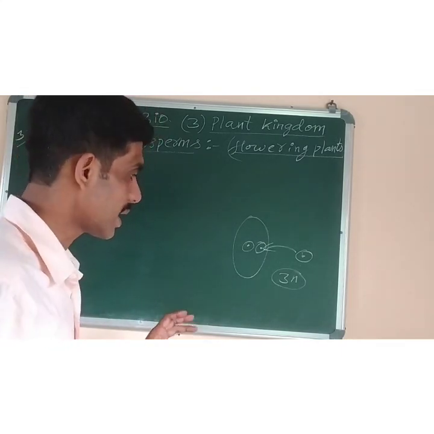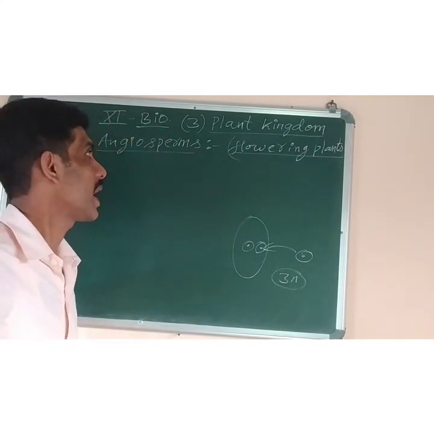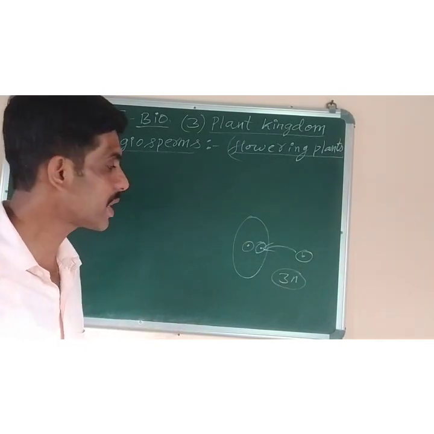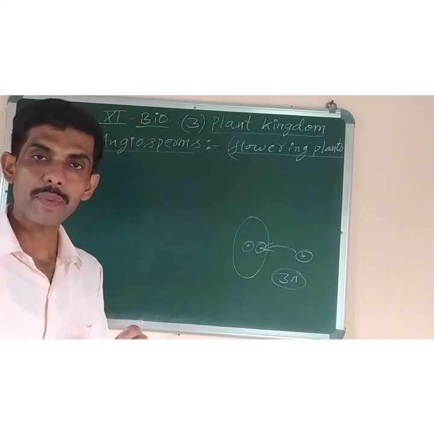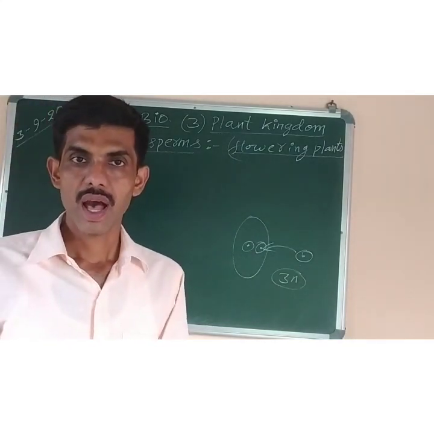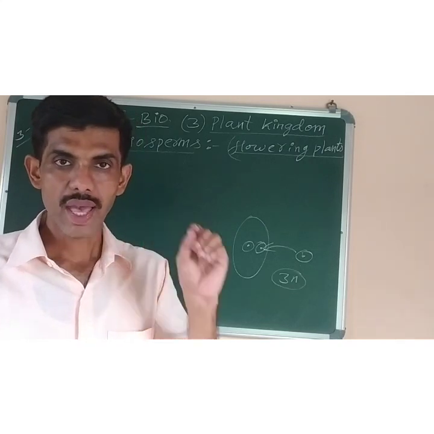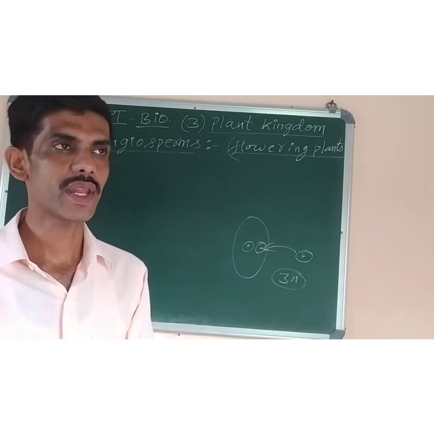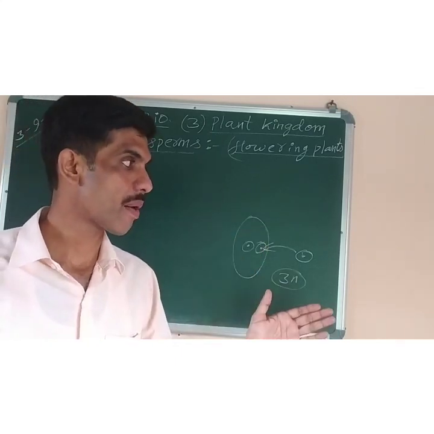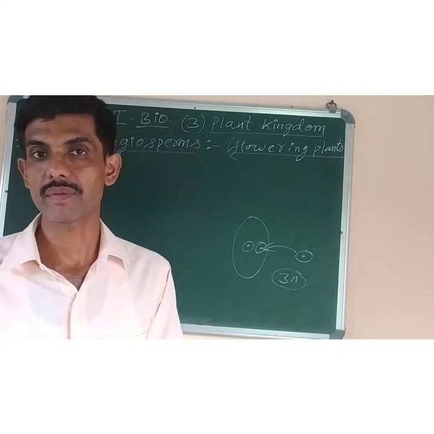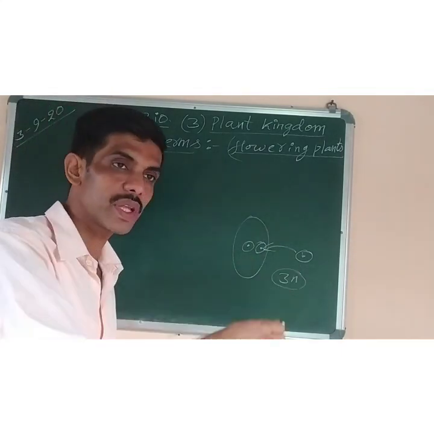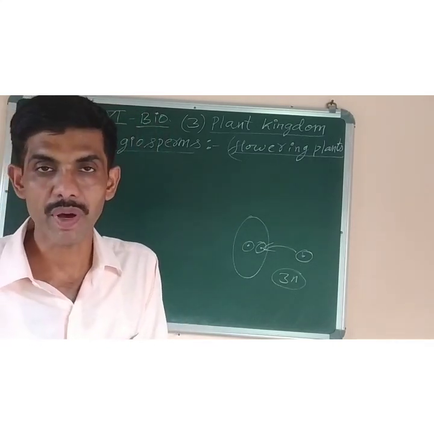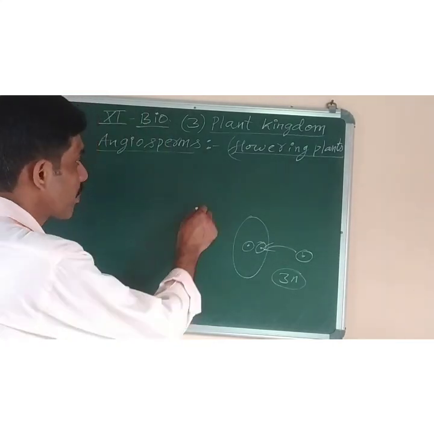We have already studied that one of the important characteristics of angiosperms is double fertilization or triple fusion. What is the meaning of double fertilization? When the pollen grains are carried by different agents like wind, water, animals or insects from the male part of the flower to the female part, that is from the anther to the stigma, the pollen grains germinate on the surface of the stigma and produce a long pollen tube.